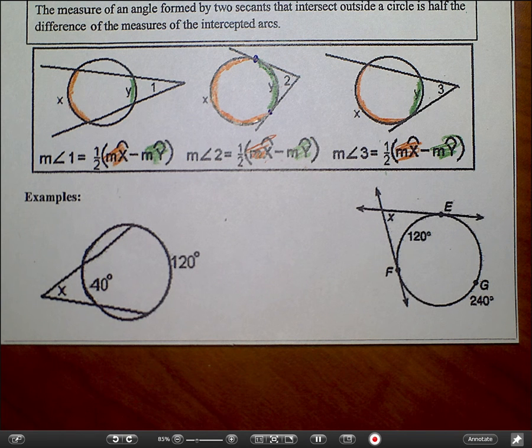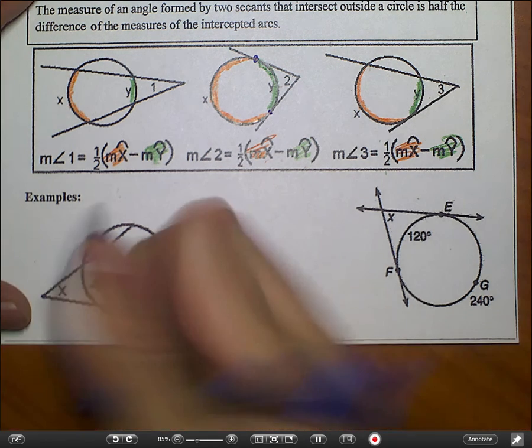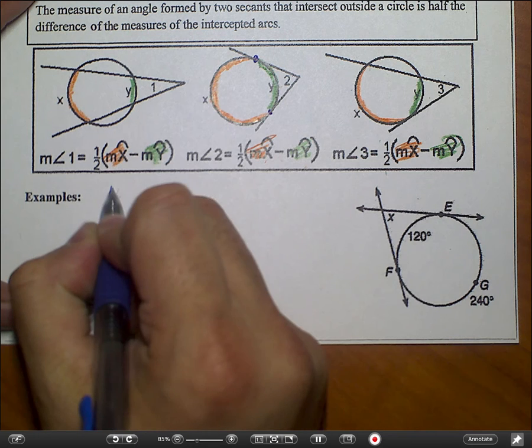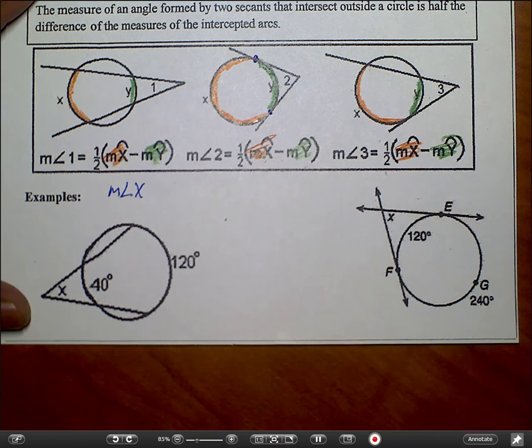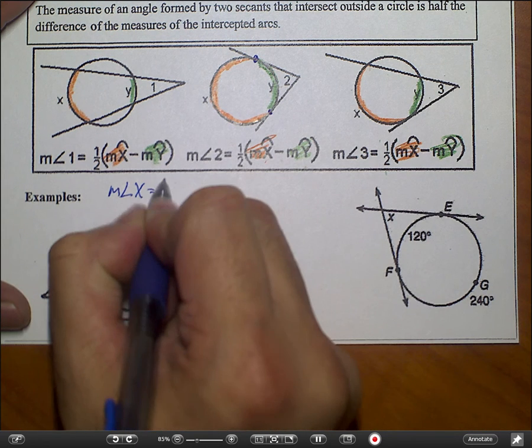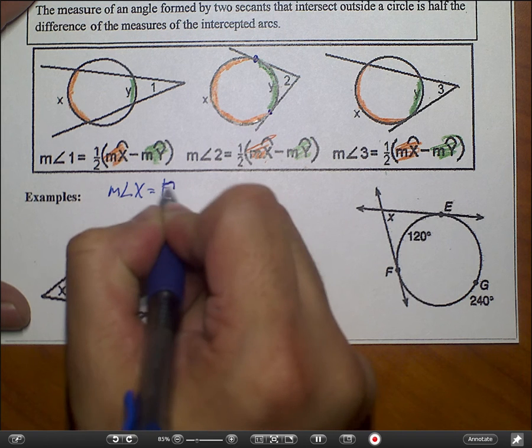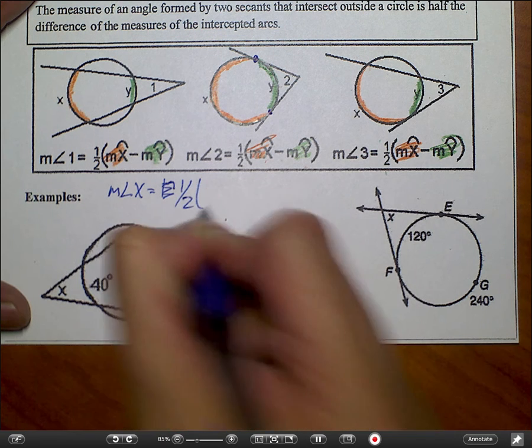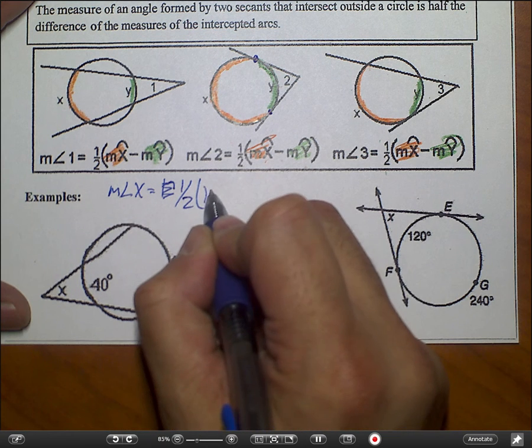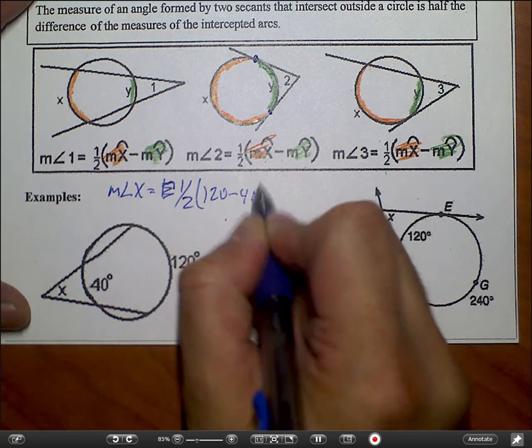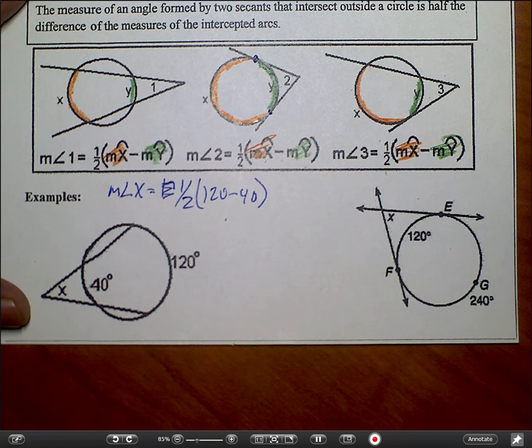All right, let's see what we got. Measure angle x equals 1/2 times what? Can I go back to 120 minus 40? Yes, you may.